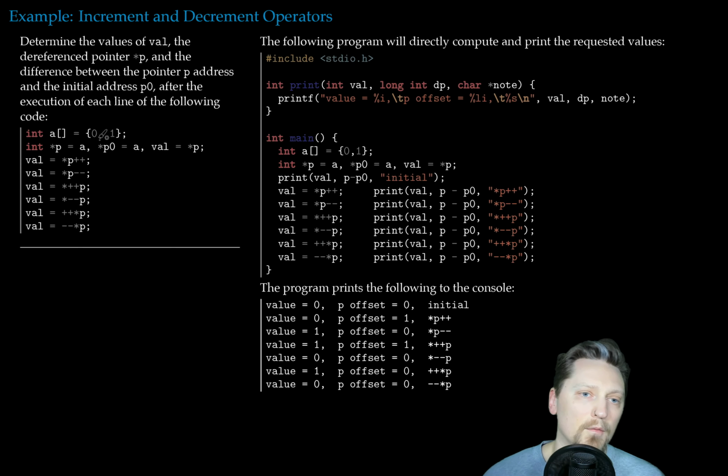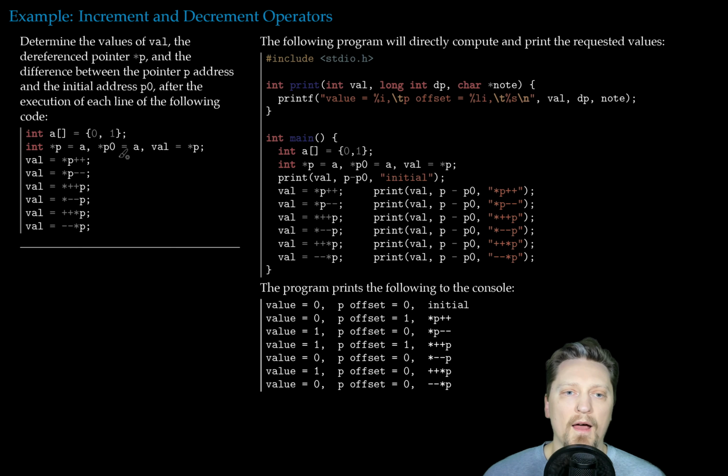So we have an array with 0 and 1 being the two values in the array. We have an int pointer, so we're going to point to an integer, which is going to point to the first value of the array to start.